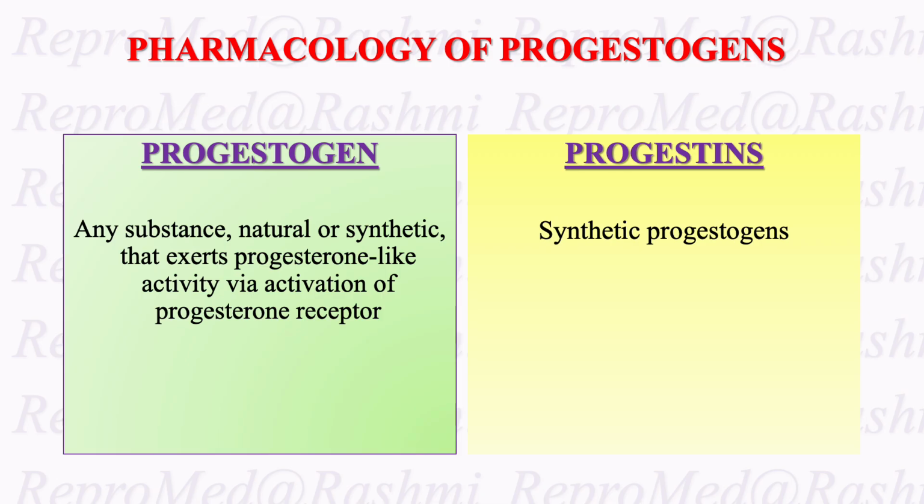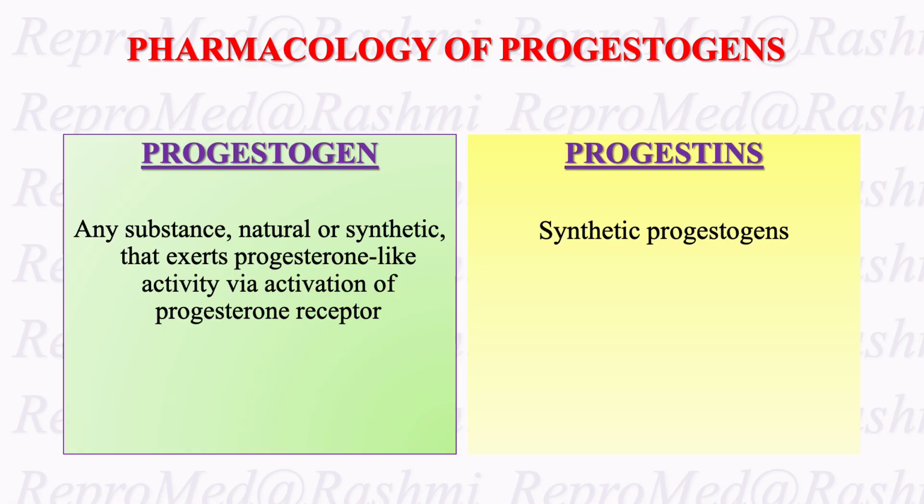Pharmacology of progestogens. There is a difference between progestogen and progestin. Progestogen means any substance, natural or synthetic, that exerts progesterone-like activity via activation of the progesterone receptor, while progestin means only synthetic progesterones.